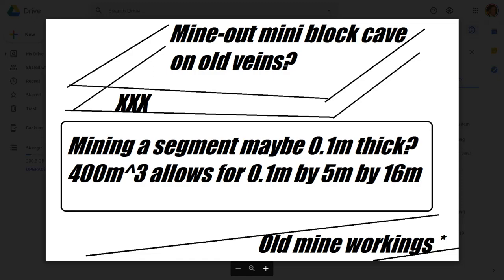You could run this 0.1 meter thick mining method across 100 feet of different wall space in select places of known mines. Within that 400 cubic meters, you could allocate it across different known and unknown areas, potentially.